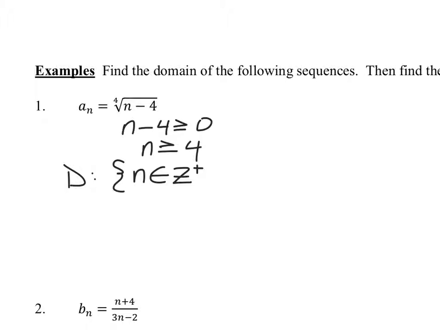Now you could use the colon for the such that, or you could use a vertical line. I like the vertical. I go back and forth. The vertical line is kind of like a little partition mentally for me, so I like that one a little bit more. Such that n is greater than or equal to 4.